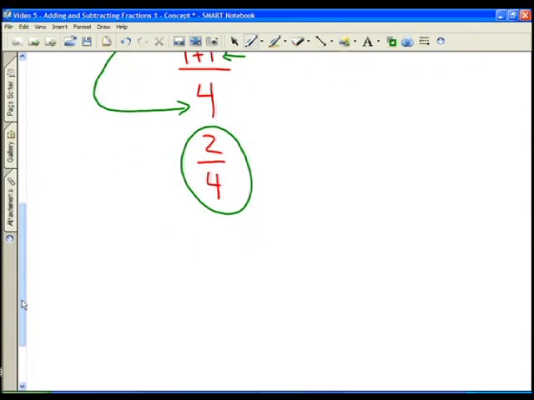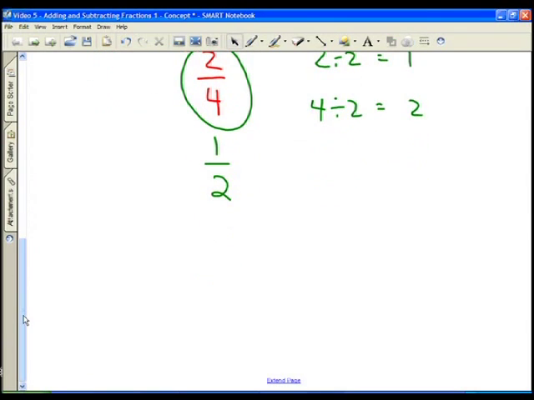For 2/4, the numerator can be divided by 2, 2 divided by 2 is 1, and the denominator, 4 divided by 2 is 2, so 2/4, when we reduce it, is really 1/2.